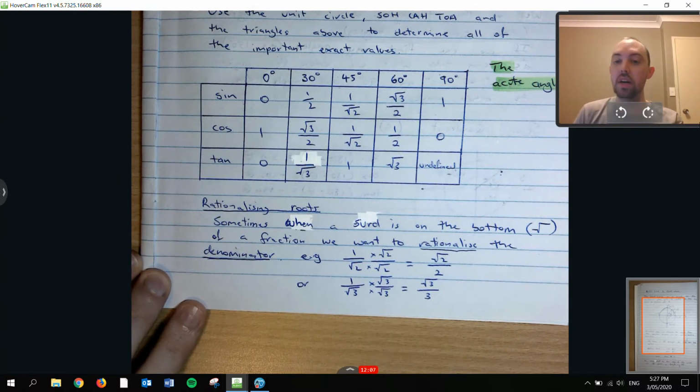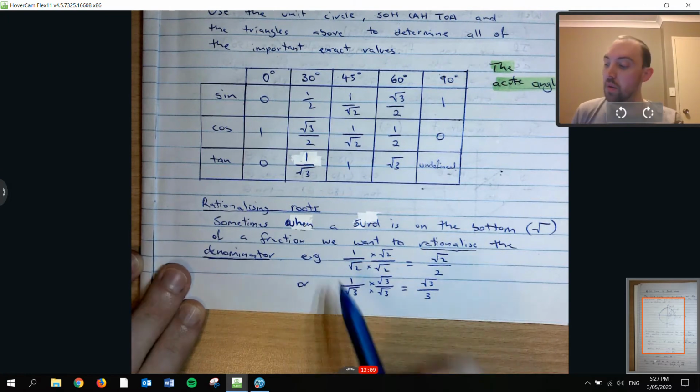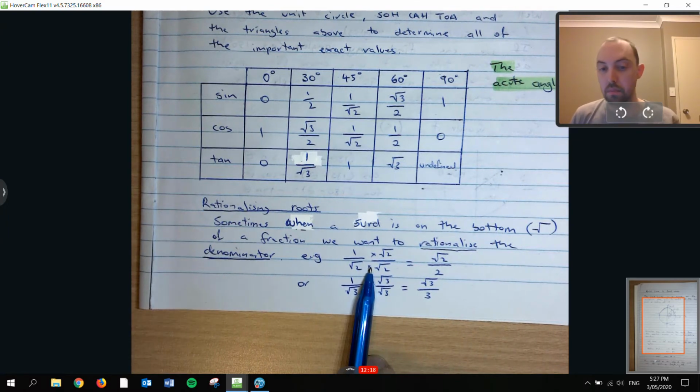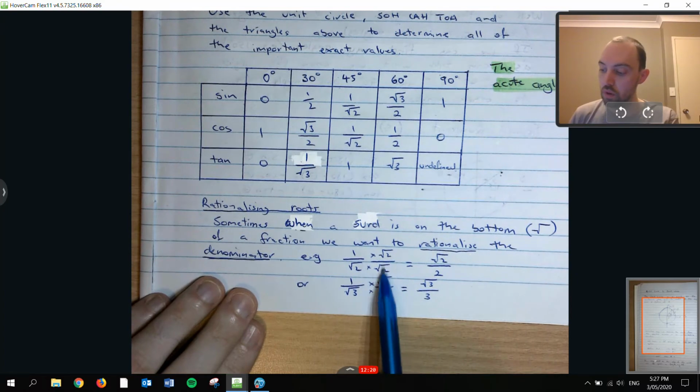So we want to rationalize it. And the quick way to do that is, if I have something like 1 on root 2, I can multiply this fraction by root 2 over root 2, multiplying both the top and bottom, to get an equivalent fraction.